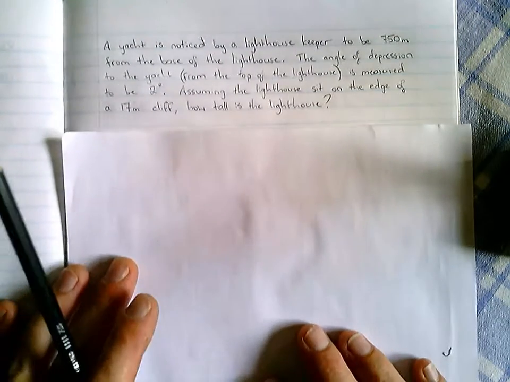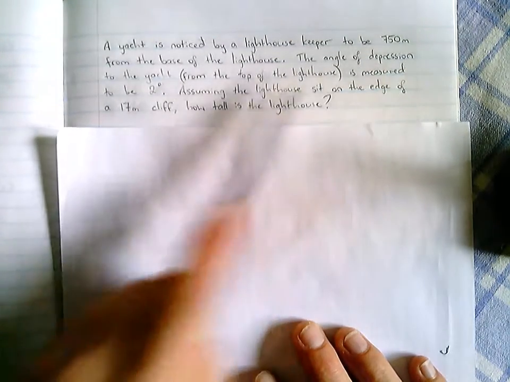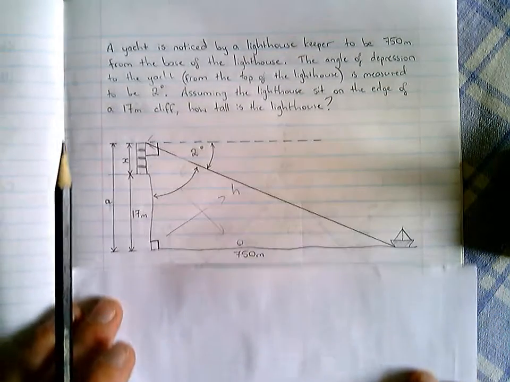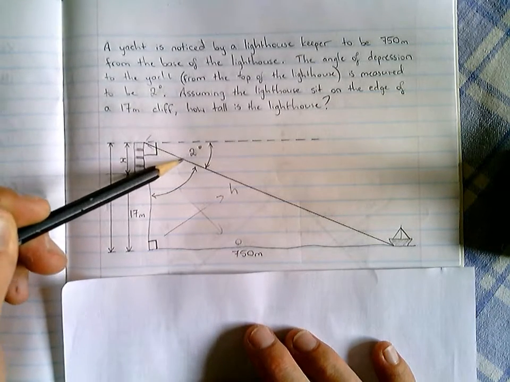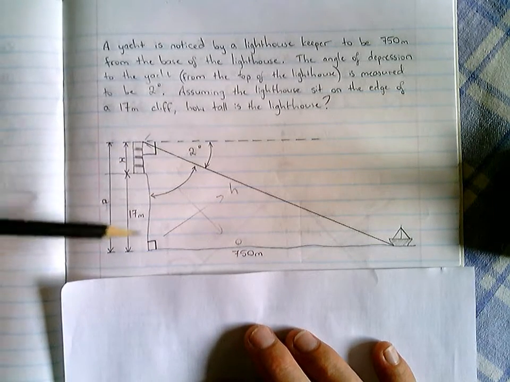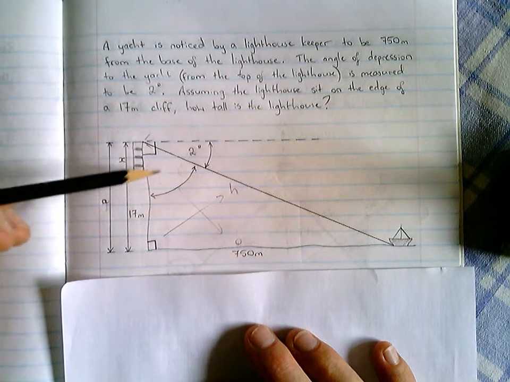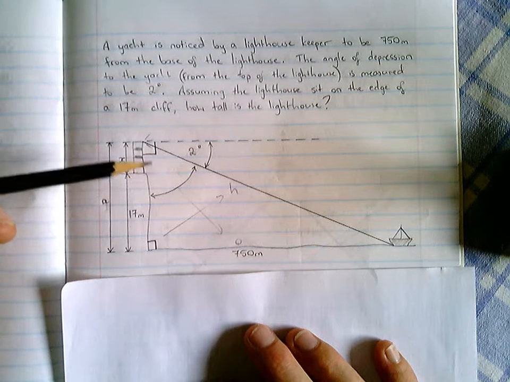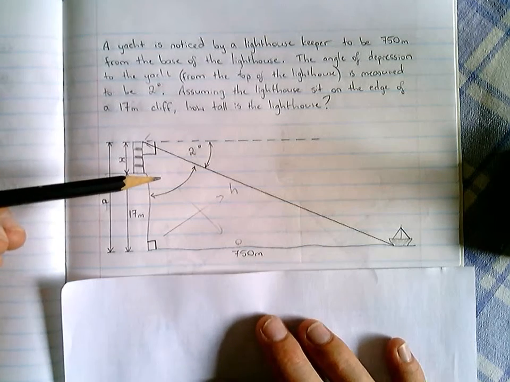When reading that the angle of depression is measured to be 2 degrees, a lot of students that I teach assume that the angle of depression refers to the angle from the vertical. So they think that this angle in here is the angle of depression. Now, that's not the case. The angle of depression is measured from the same point at which the angle of elevation is measured.